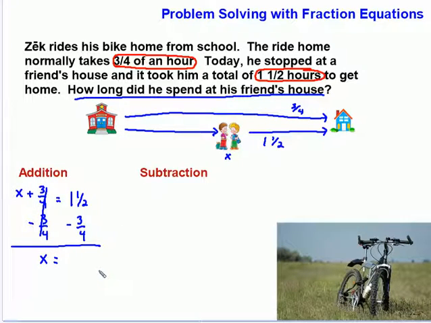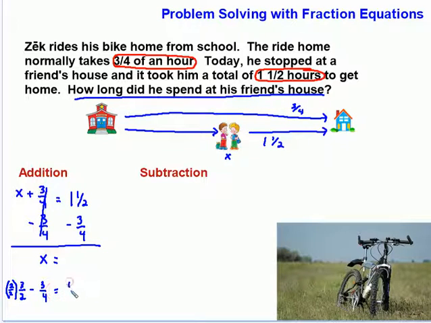Then we do our subtraction on this side. First, we'll convert this to an improper fraction. 1 times 2 is 2, plus 1 is 3. That leaves us with 3/2 minus 3/4. We need a common denominator, and since 2 goes into 4 2 times, we'll simply multiply 2 times the top and the bottom.